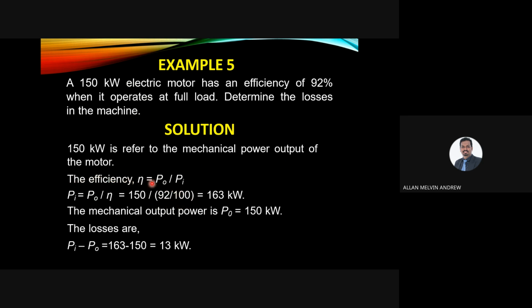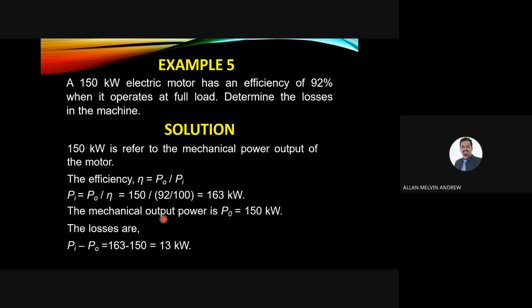So the efficiency nu equals P0 over Pi. We rearrange this formula because we want to find Pi: Pi equals P0 over nu. P0 is 150 divided by 92 over 100, or 0.92. So Pi is 163 kilowatt.